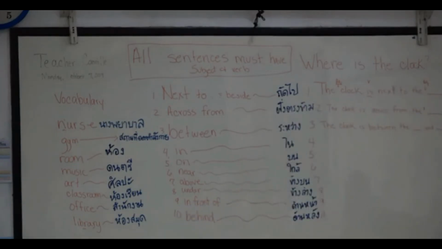How about in front of? The clock is in front of what? In front of the board, the wall? No. You know why? Because the clock is on the wall. If the clock was not on the wall, you could say that. But because the clock is on the wall, you can't say that.